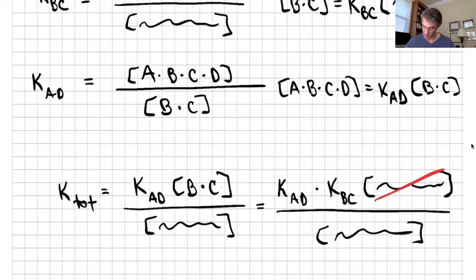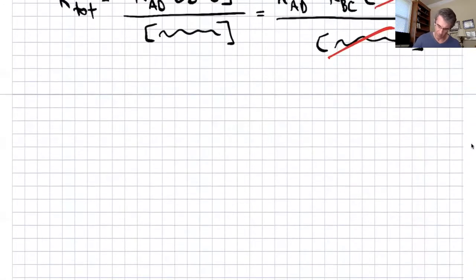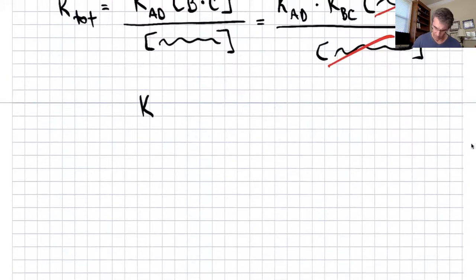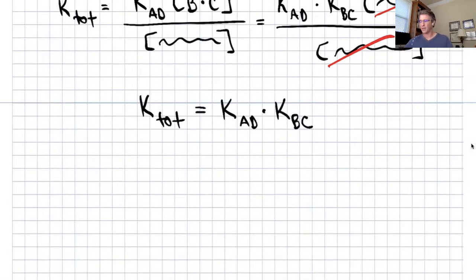Because I can now cancel the squiggles out, and what I get is that the overall equilibrium constant for folding of my little toy protein is just equal to the equilibrium constant for forming the AD interaction in the context of the polymer times the equilibrium constant for forming the BC interaction in the context of the polymer, right?